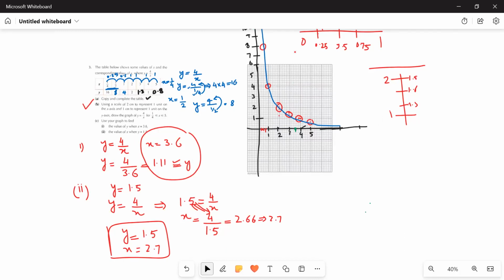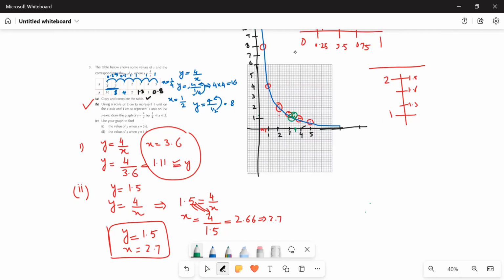And y is 1.11, so it is very near to here. Here is 1.11. You can make it 1.1. So this one is the point.